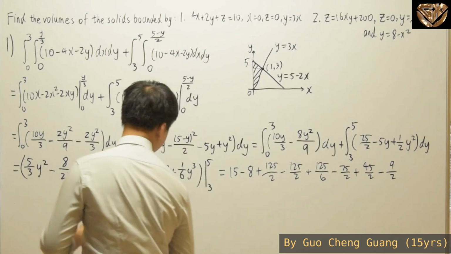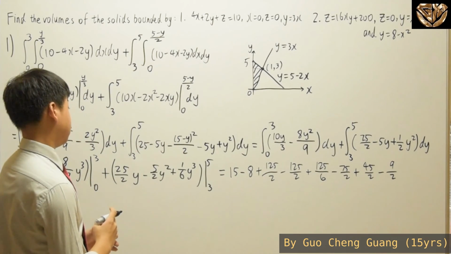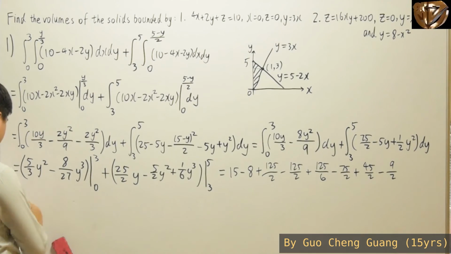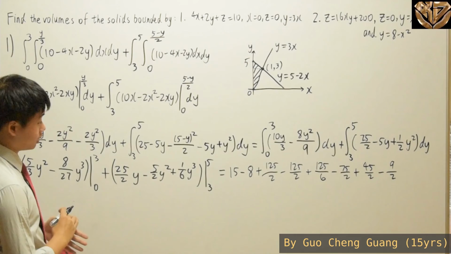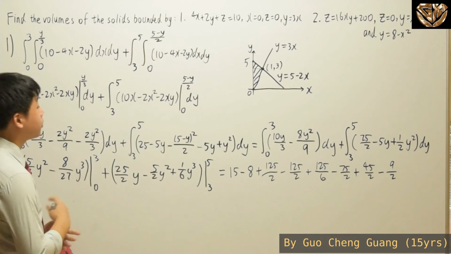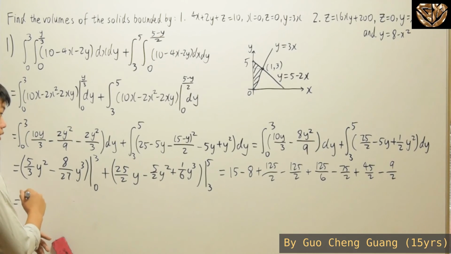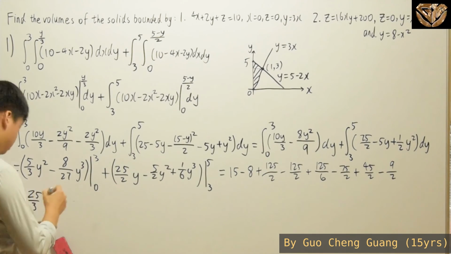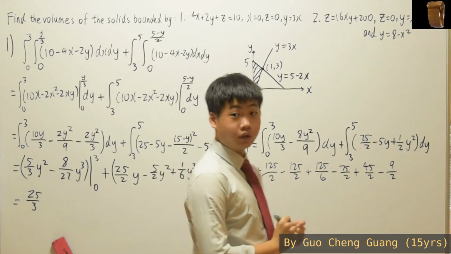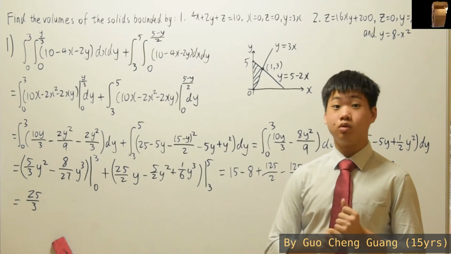Right, so then you have like 7. And from this final part, of course, if you're allowed to, you can just use a calculator or you can just try to figure it out mentally. So the final answer here would be 25 over 3, alright? So that is for the first example.